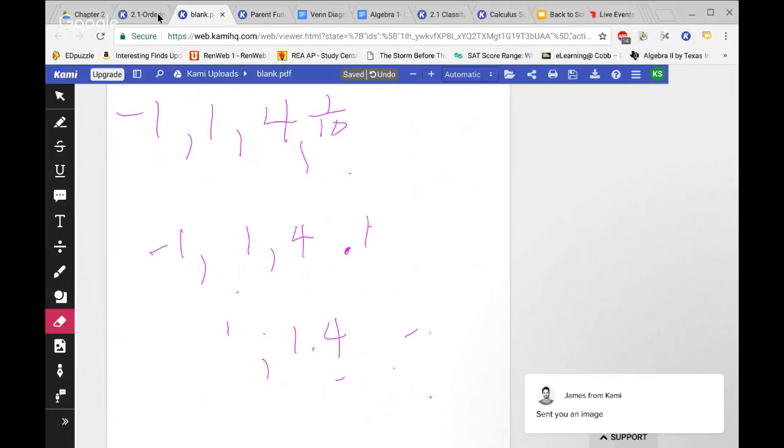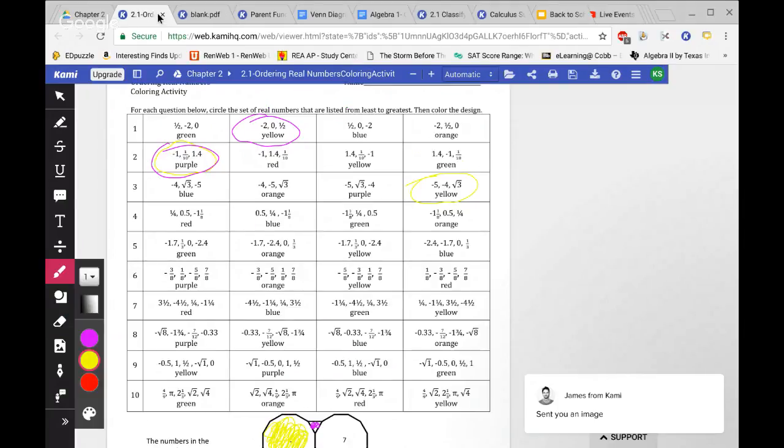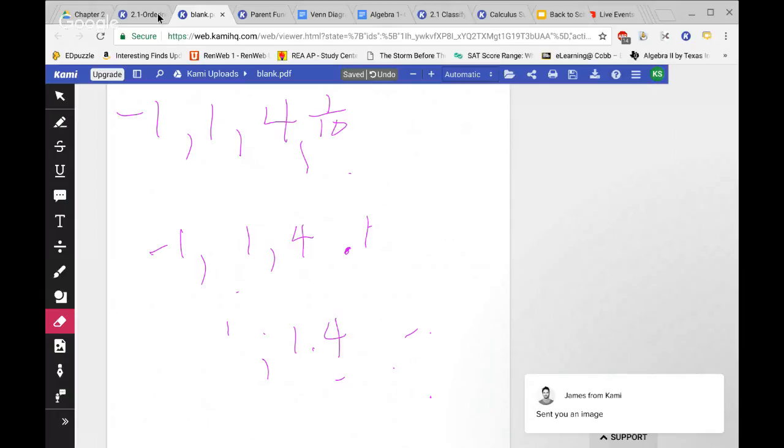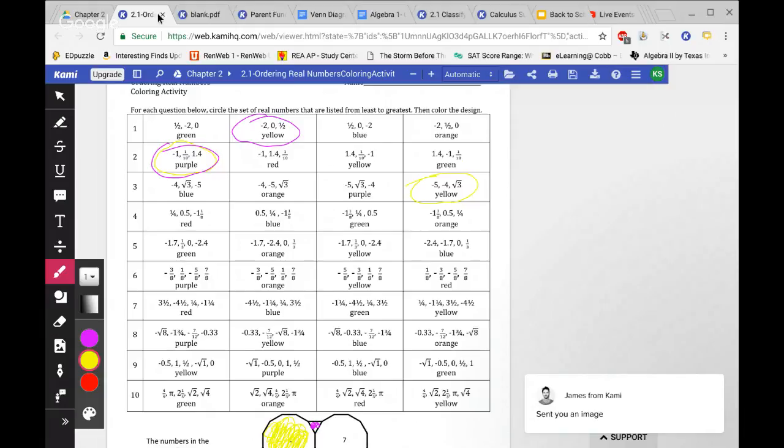So which is smaller, 0.25 or 0.5? Does it help to see them written out? Yes, 0.25 is smaller. It's kind of like thinking, is a quarter bigger or is 50 cents bigger? Okay. A quarter is definitely smaller.